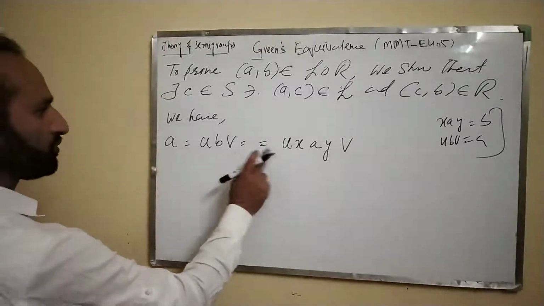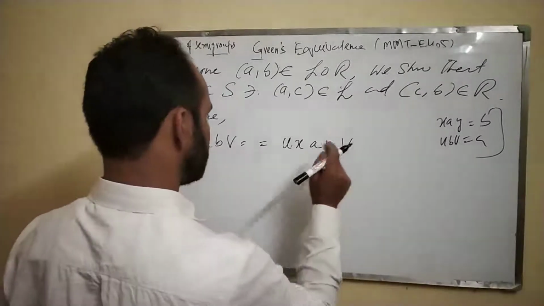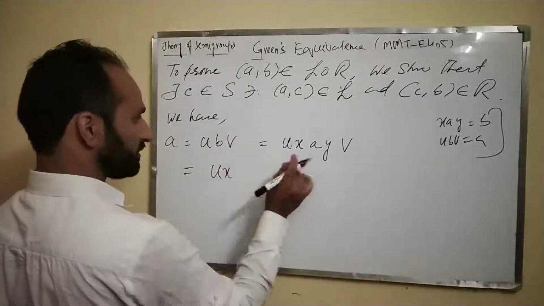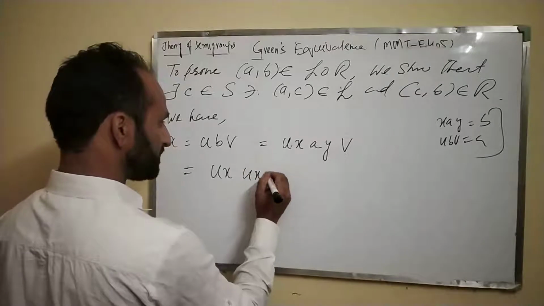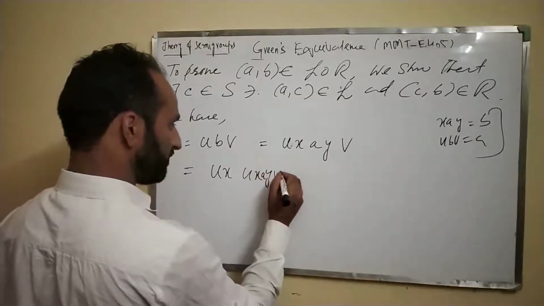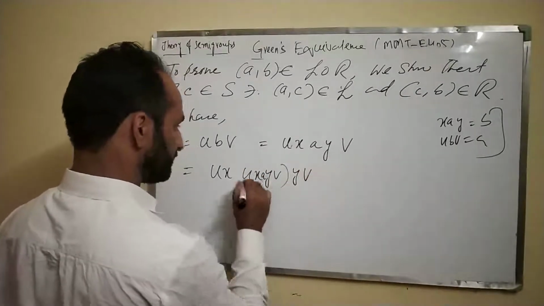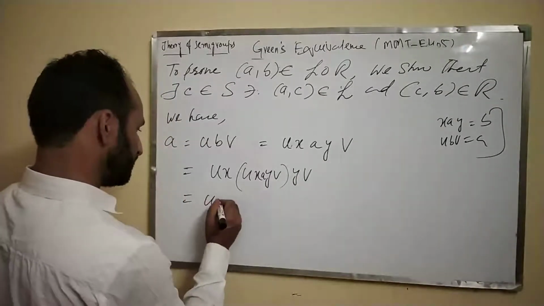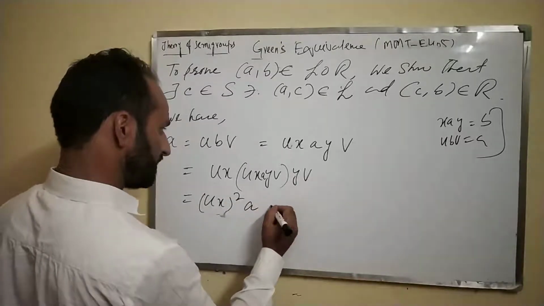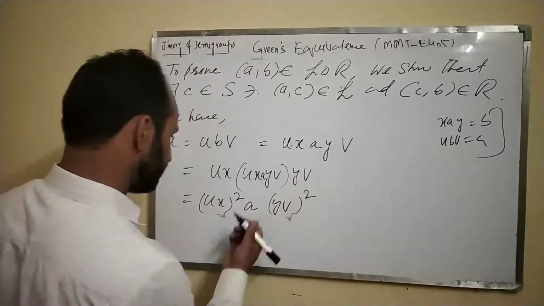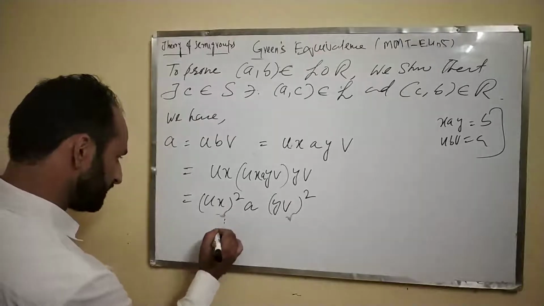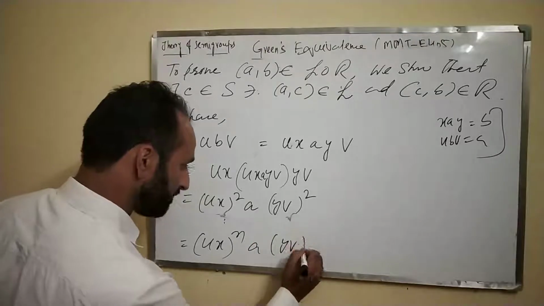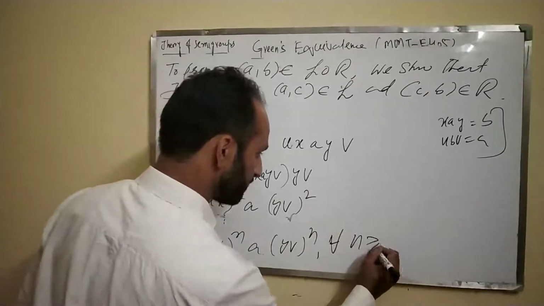So A is equal to UXAYV. Let's again apply this relation. So it's equal to UX squared into A into YV squared. And you can continue this process. It's equal to UX power n into A into YV power n for every n greater or equal to 1.